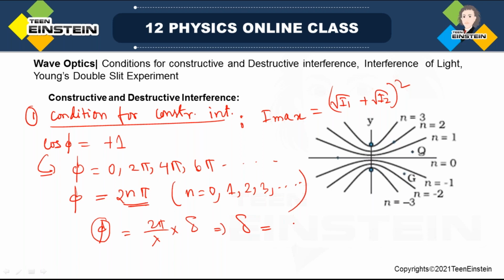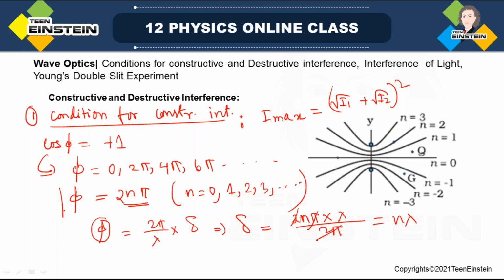We know it is 2n pi, multiplied by lambda by 2 pi. So 2 pi gets cancelled, and you get n into lambda.